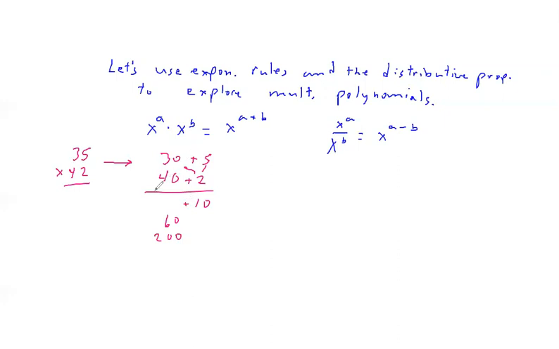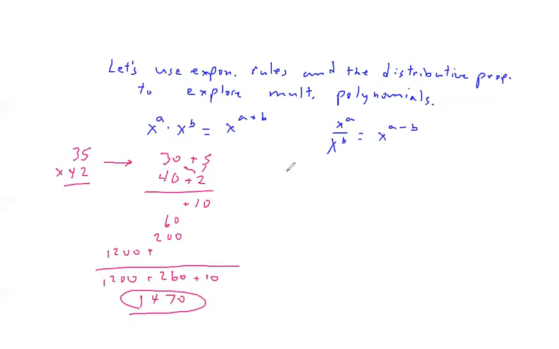And 40 times 30, we get 1200. So we put all this together and we get 1200 plus 260 plus 10. So we end up with 1470.